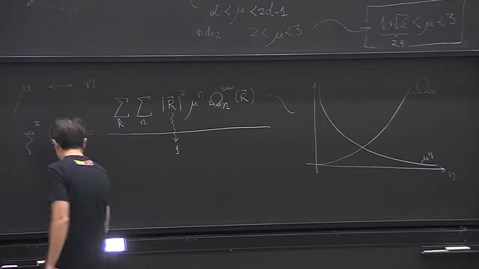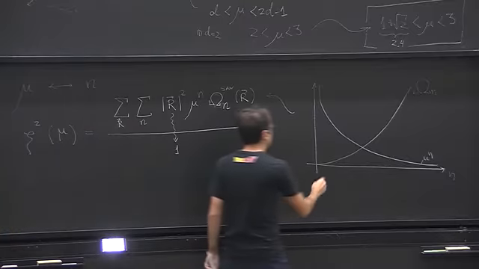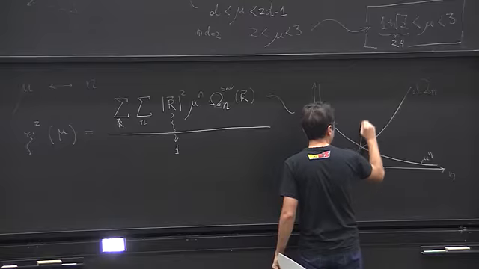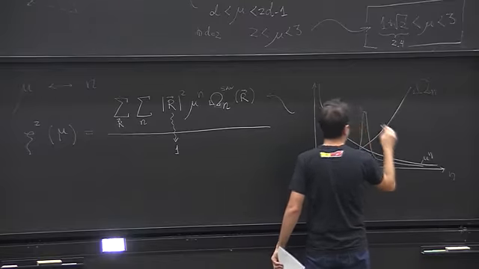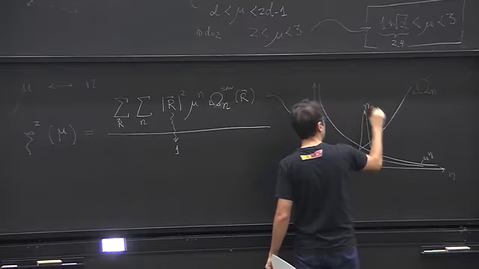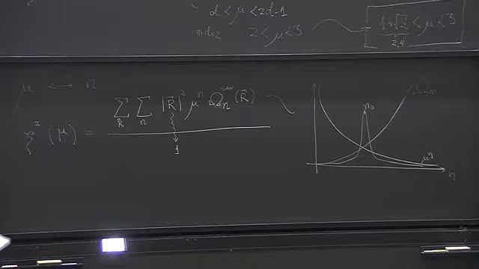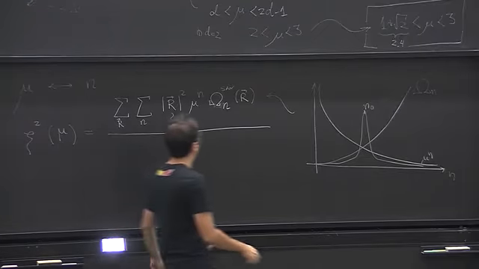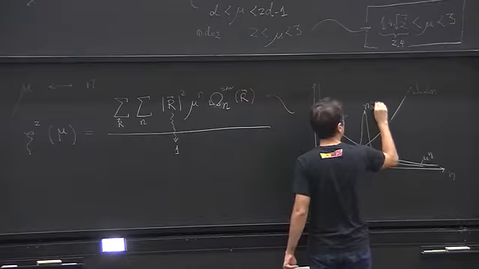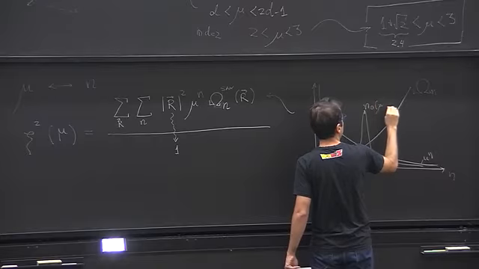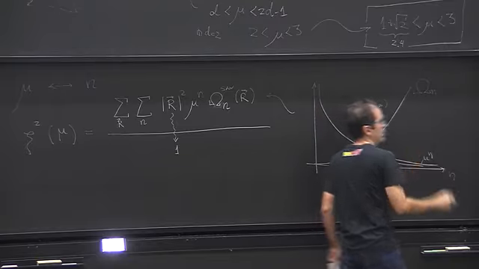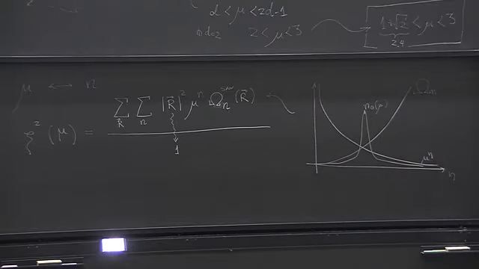And so what happens is that this function is very strongly peaked around some critical n0. And this would be an n0 that would depend on mu.